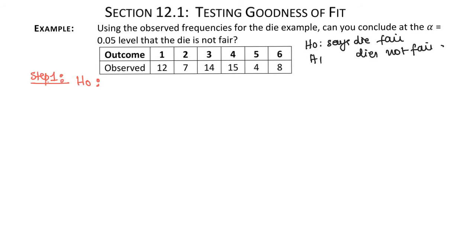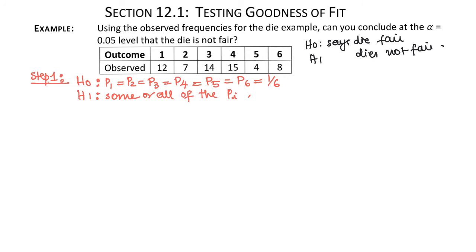The null hypothesis is P1 equals P2 equals P3 and so on, each equal to 1/6, and the alternate hypothesis is that some or all of the pi differ from 1/6.